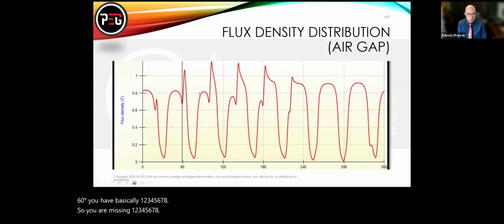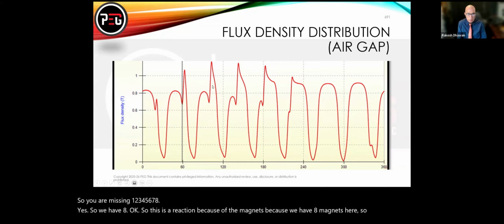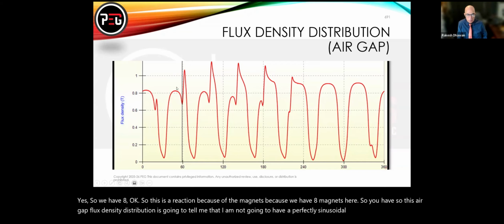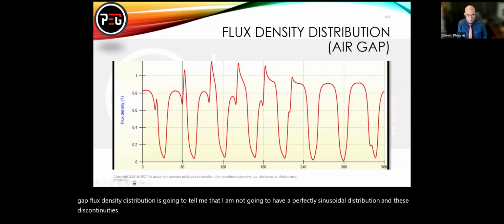Yes, so we have 8. This is a reaction because of the magnets, because we have 8 magnets here. So this air gap flux density distribution tells me that I'm not going to have a perfectly sinusoidal distribution. And these discontinuities will lead to some kind of vibration or space harmonics, right?